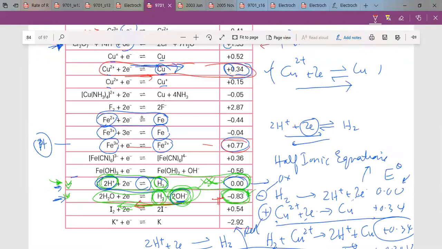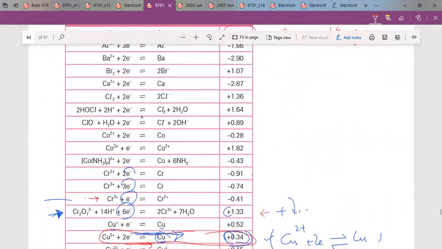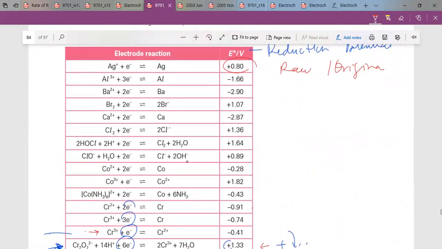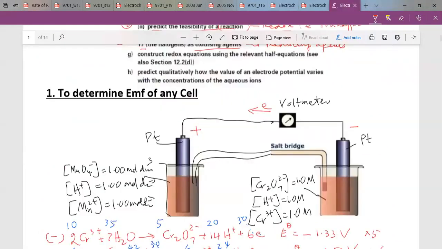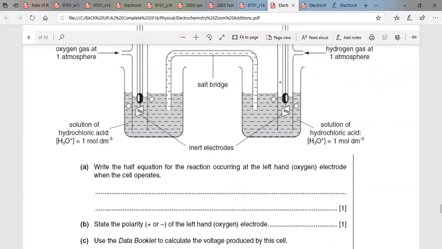Very simple. Chlorine, you take the original values from the data booklet. The original one is very big and positive, plus 1.36. And the other one is Fe2+, Fe3+, let me check again so I don't get caught.